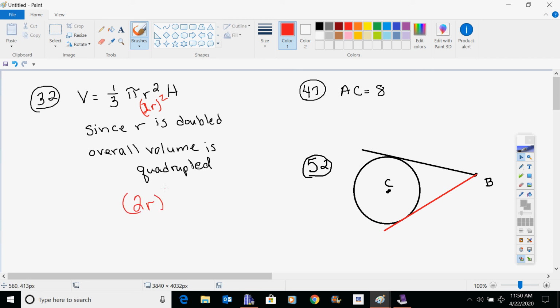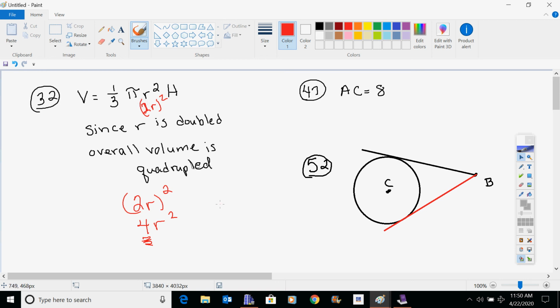2R, because this part got doubled, is we get 4 to replace the R squared, so the whole quantity is 4 times bigger than the original quantity. All right?